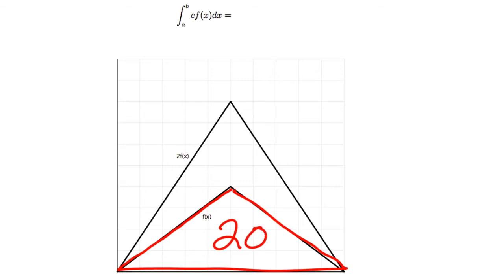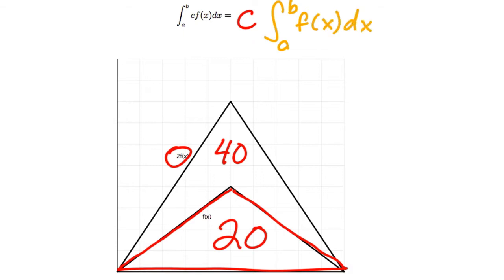And so notice that this triangle is twice as big, so it's multiplied by the constant 2, and the area of that is 40. So basically what this says is that you can take the constant out of the integral and just find the integral of the function and then multiply it by the constant in the end. And so that's it.